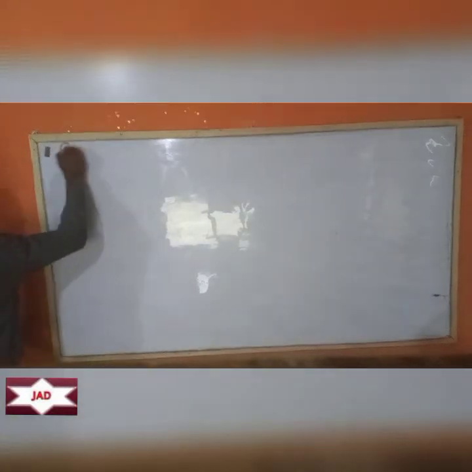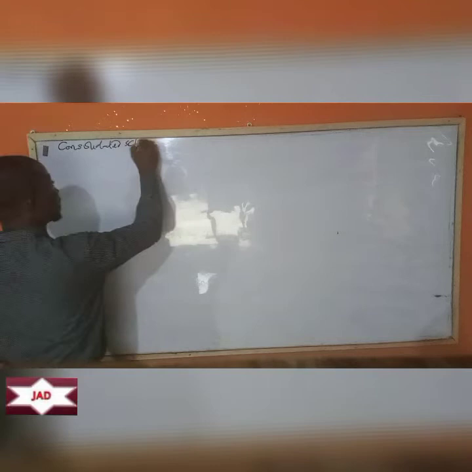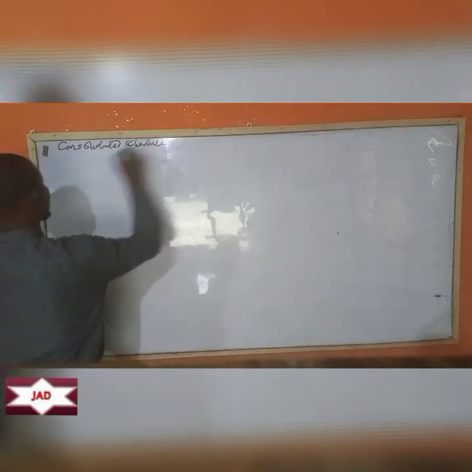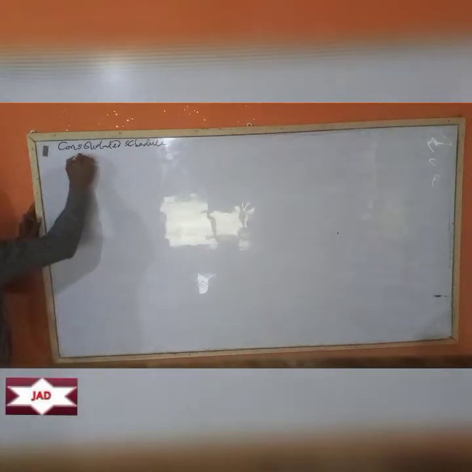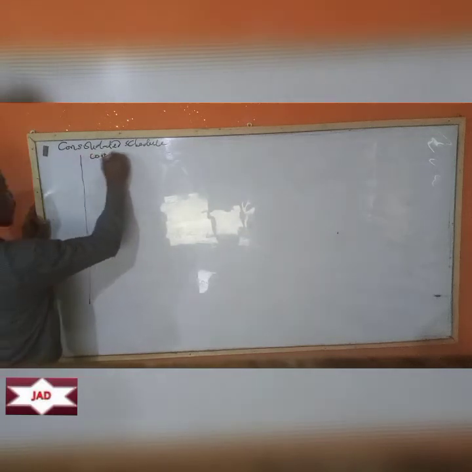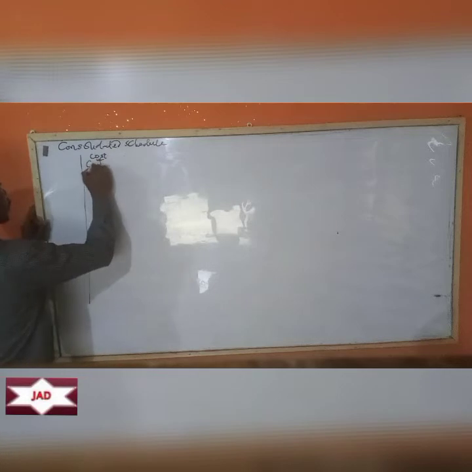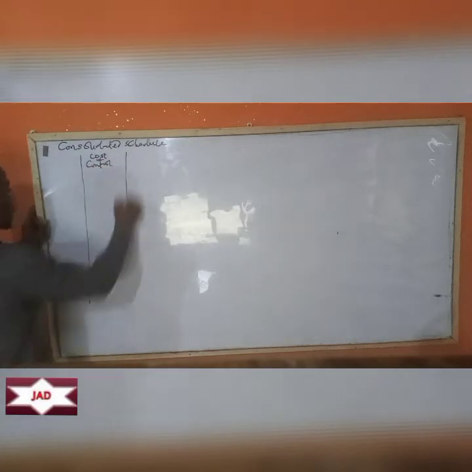Right, so let's go. So let's say this is the consolidated schedule. Okay? So let's call here cost of control. Okay?